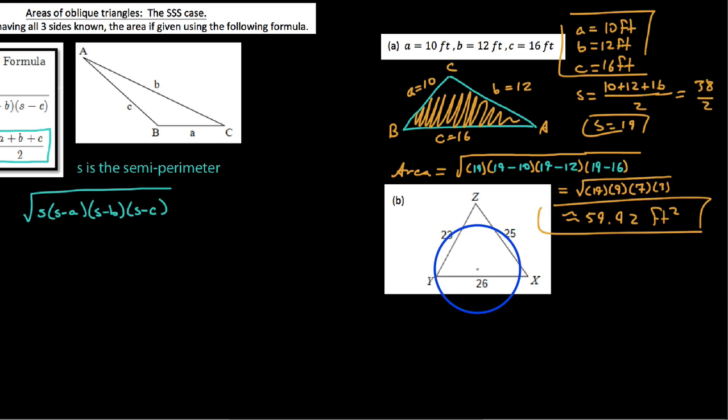Now this last one should look familiar. We solved this triangle in the last example using the law of cosines, but let's say I want to find its area now. As long as you know all three sides, we can use Heron's formula.